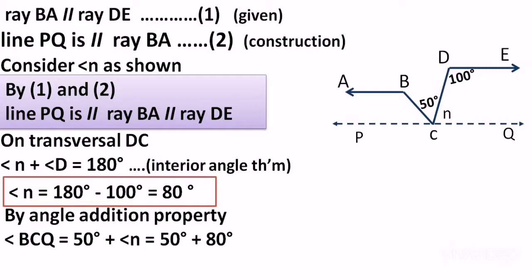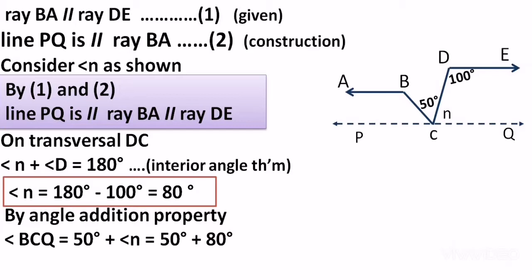Now if you observe the angle BCQ, my dears, you will come to know that there are two parts to the whole angle BCQ. One part is angle BCD, that is 50 degrees, and another part is only angle N that we have considered, and its answer is 80 degrees. So to get the total value of angle BCQ, I have to add these two angles, and the answer will be 130, and this is called the angle addition property.